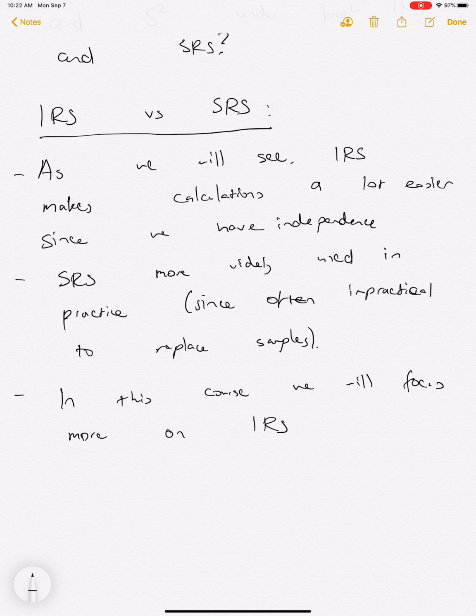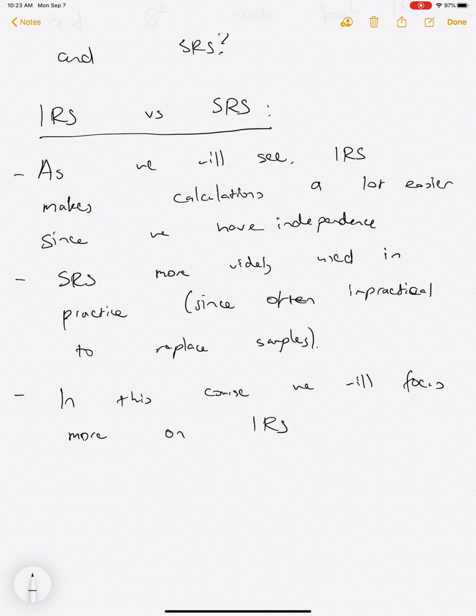In this course, though, we're going to focus more on IRS. For this week, for this lecture and possibly the next lecture, we're going to talk about IRS and SRS in a little bit of detail. But after that, we're going to focus more and more on independent sampling. You might ask the question, why? It is largely because the calculations are a lot easier.